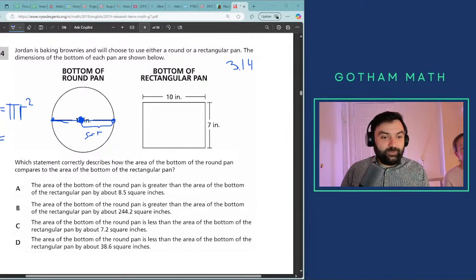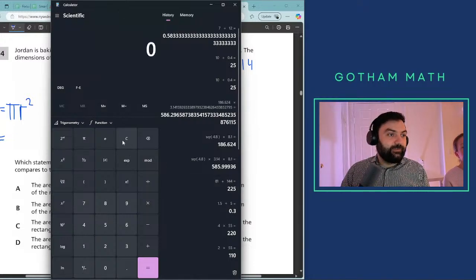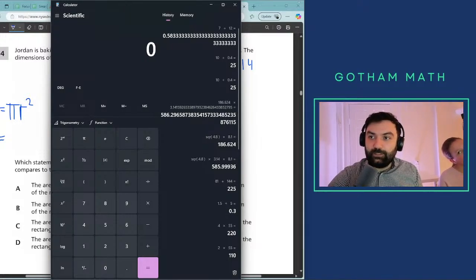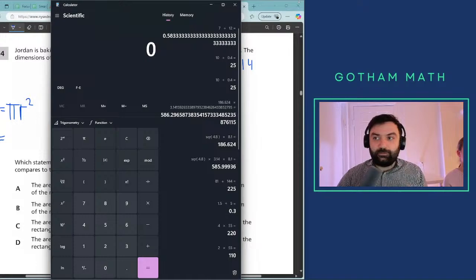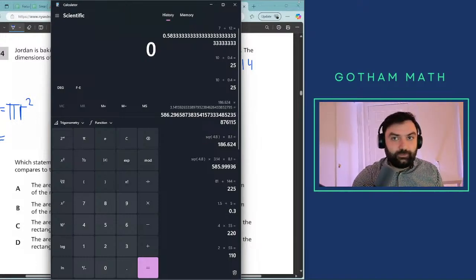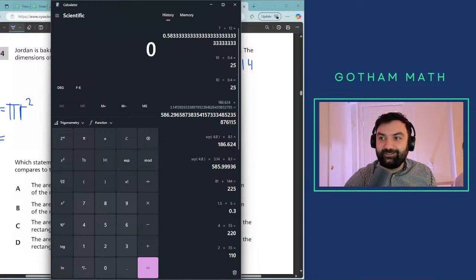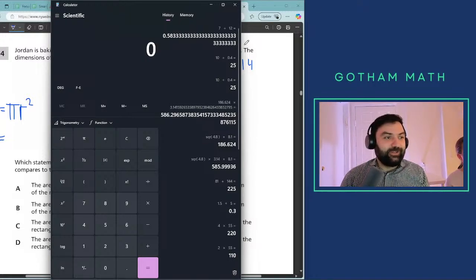We're going to use the calculator again because there's a pi button on every calculator. First, I always like doing radius squared.